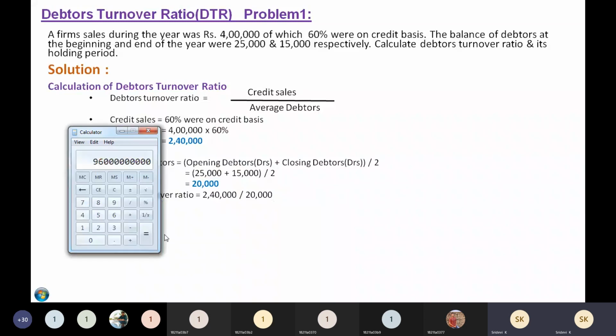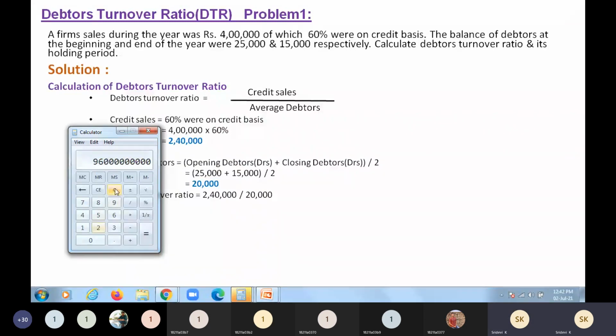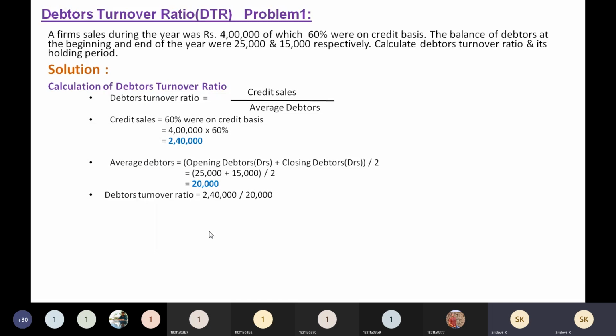Let us calculate this. 2,40,000 divided by 20,000. So 12. DTR is equal to 12 times. Okay. Otherwise, you write it as 12:1, like that. If you are not going to mention 12:1, you write it as 12 times.